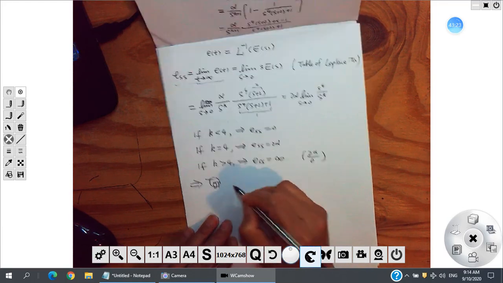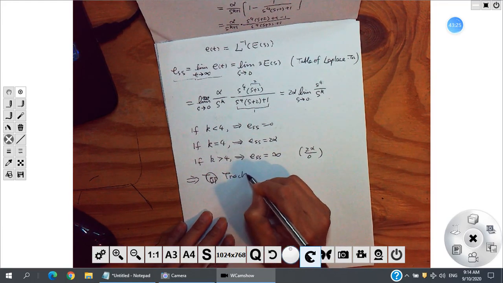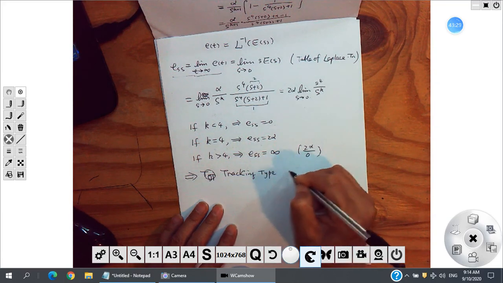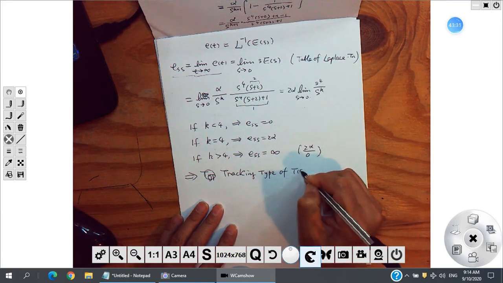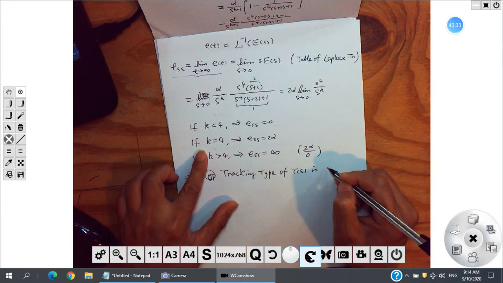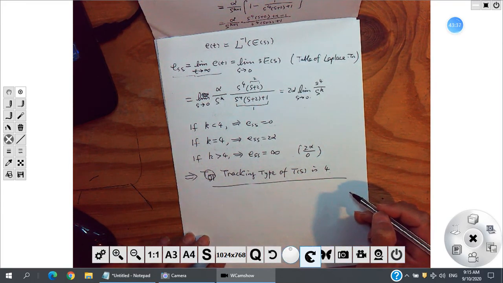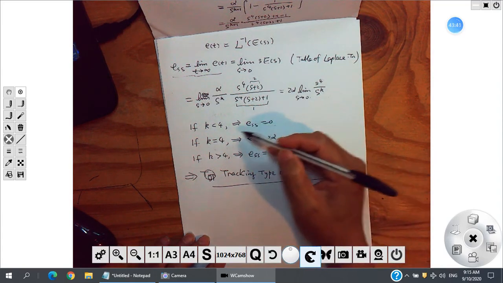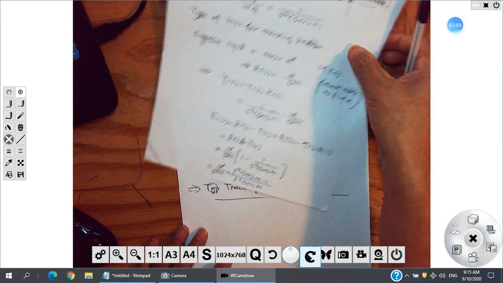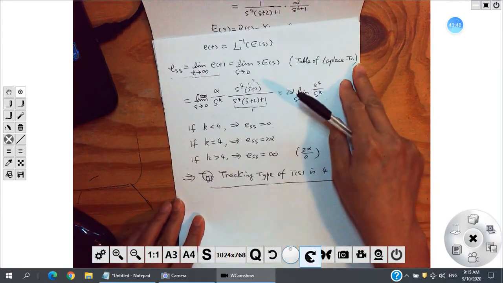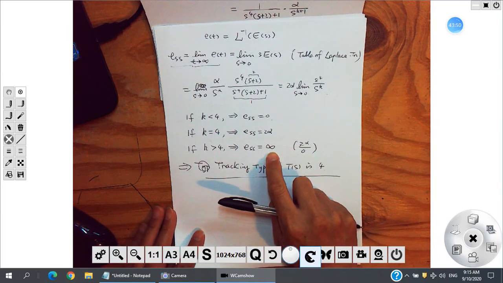This is the tracking type. The tracking type of T of S is 4. When the power of the input is smaller than 4, the steady-state error is 0, and when it's larger, it is infinite.